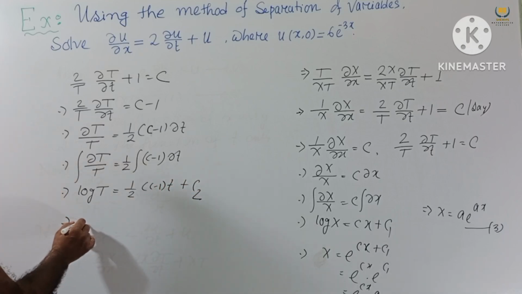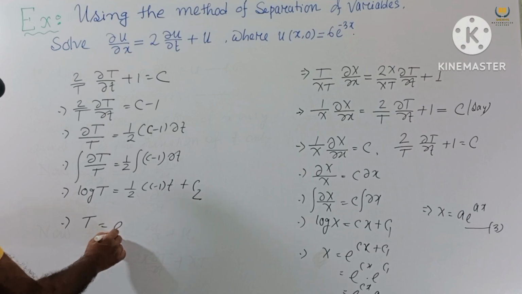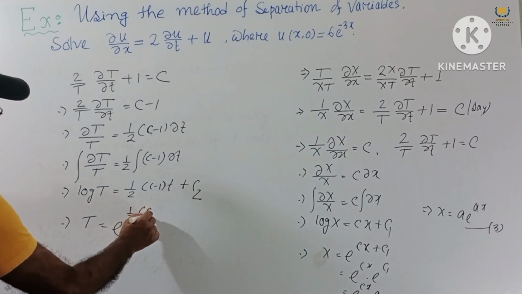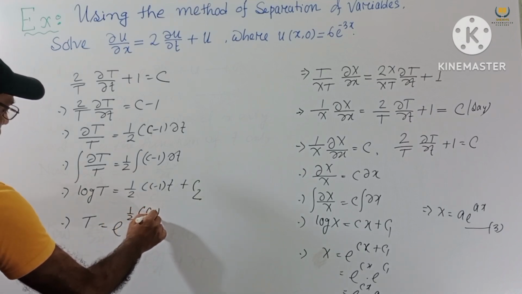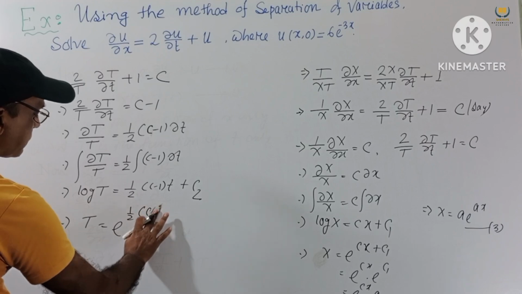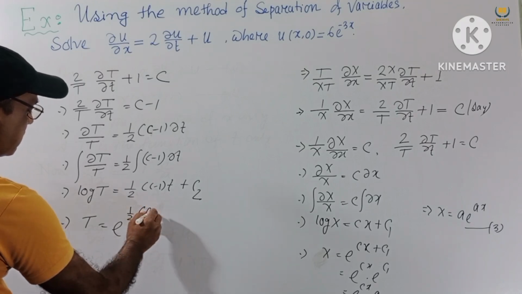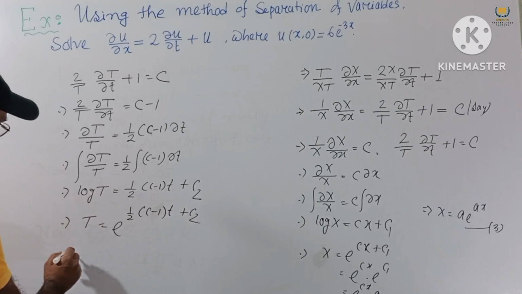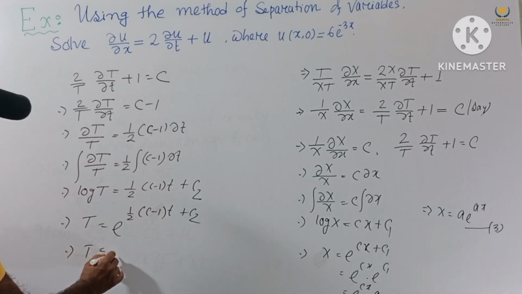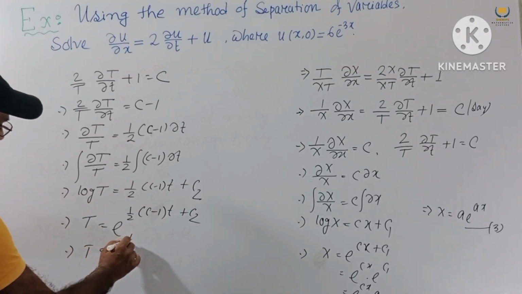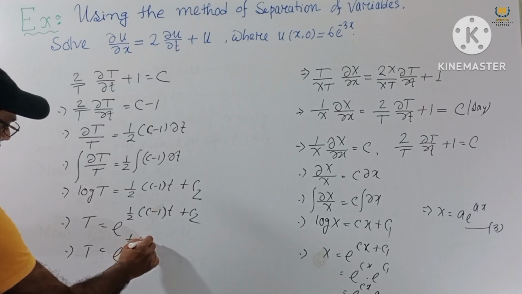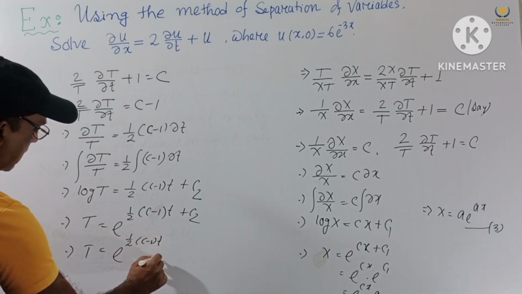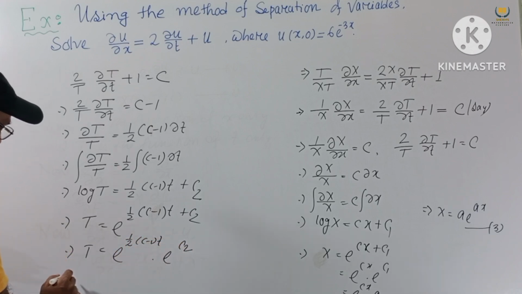So this will be T = e to the power 1/2 (c − 1) t + c2. So T = e^(1/2 (c−1) t) times e to the power c2.